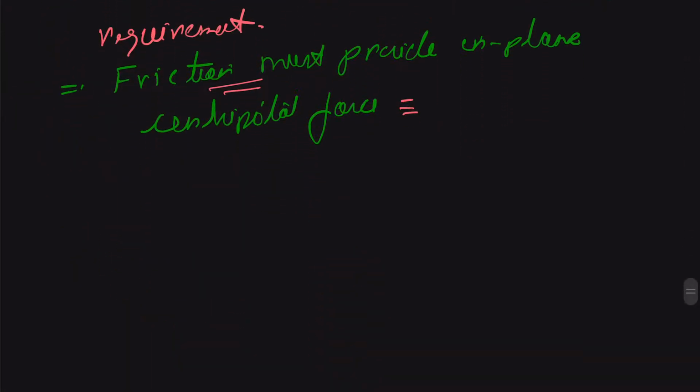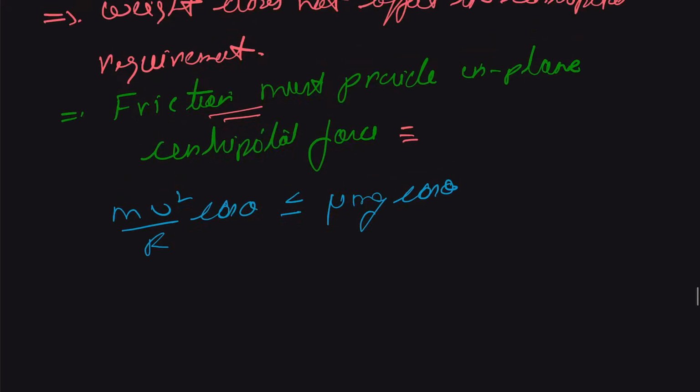Therefore, we can write that our centripetal force, that's FC parallel, mv square upon r cos theta, should be less than or equal to mu mg cos theta.